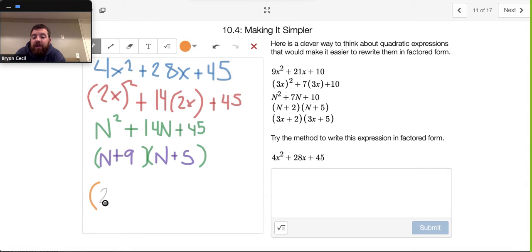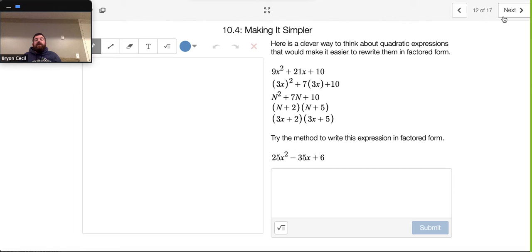So my final answer would be 2x plus 9. Sorry about that, my writing is getting a little sloppy. 2x plus 5. Okay, so see, we put a 2x back in the placeholder of n.